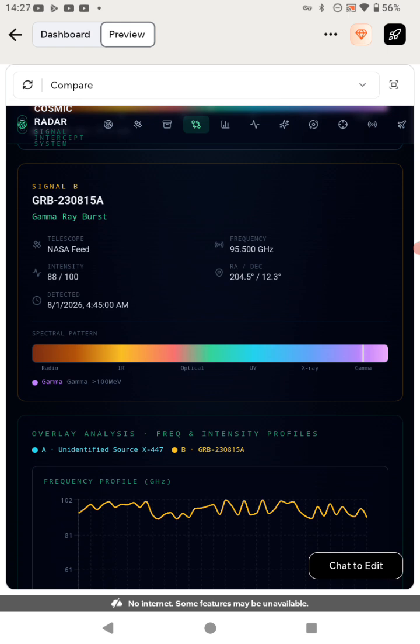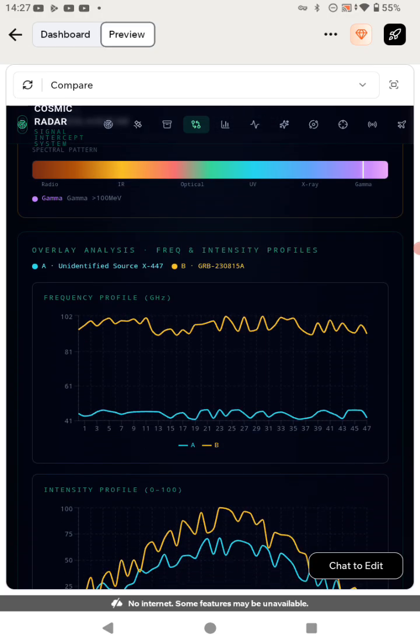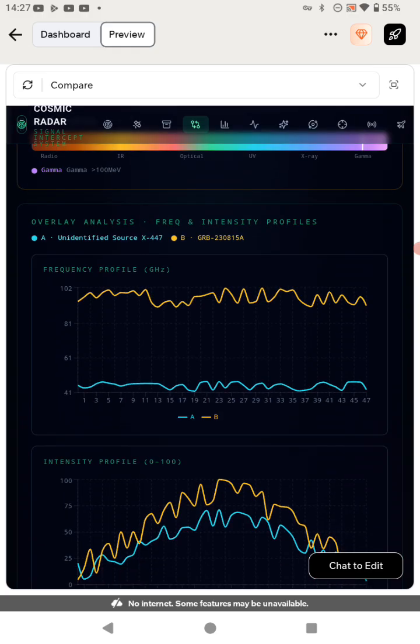And then you come down here, unidentified source X477B and GRB 230815A. So now this is the frequency profile of this unknown source. And there's another feature I want to add: if you find a star that has no name, there's going to be an option to name your own star.